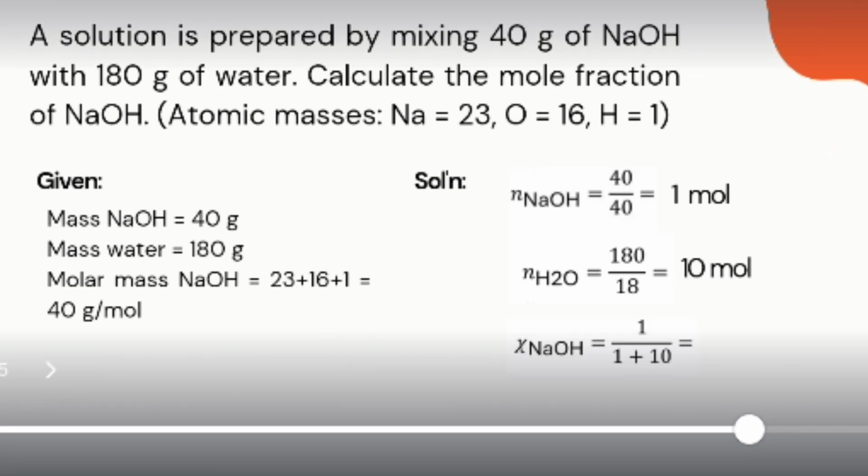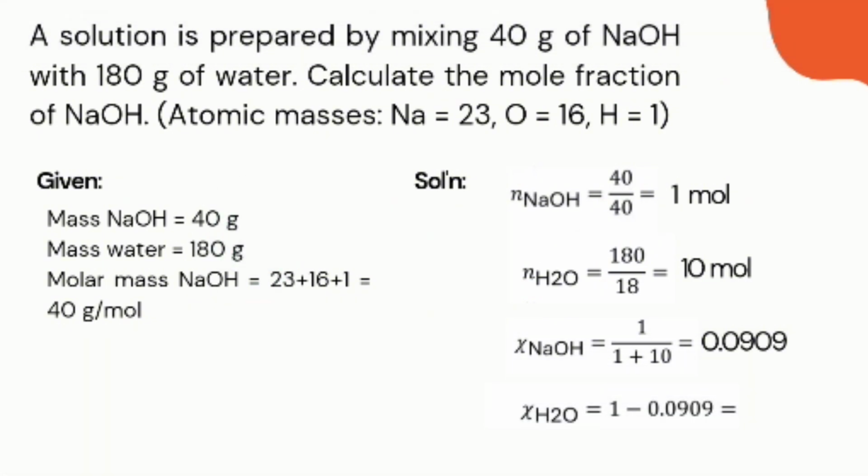The moles of solute of sodium hydroxide, which is 1 mole, over the sodium hydroxide mole, which is 1, plus the H2O answer, which is 10, is equal to 0.0909. So next is the H2O, or the water.